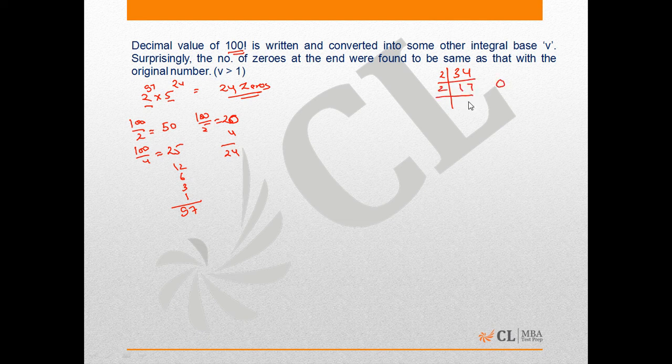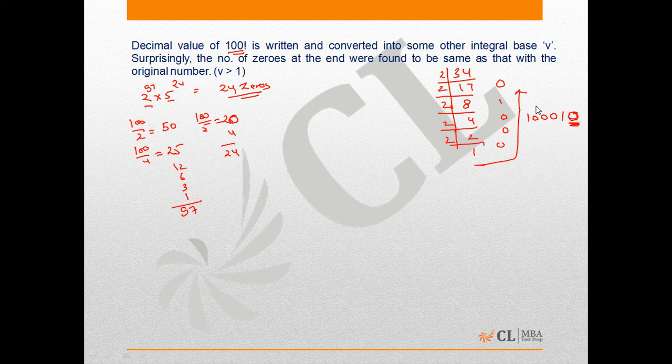Divide by 2, 8 gives you 1, then 4, 0, 2, 0, 1, 0. And you read it upside down, so your number will be 1, 0, 0, 0, 1, 0. Now, you have a zero there at the end, right?